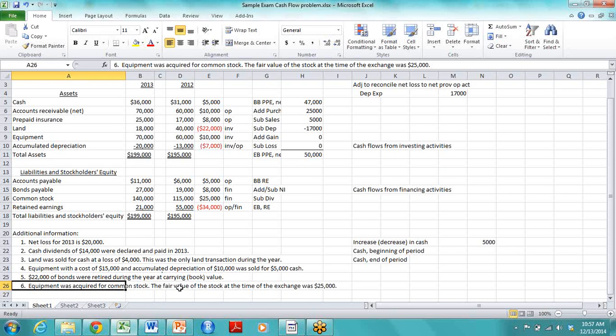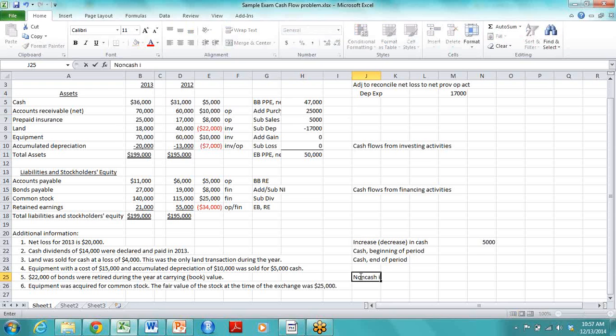And the value of that common stock at the time we exchanged it for equipment was $25,000. So our assets are going to go up by $25,000, and our common stock is also going to go up by $25,000. And this is actually going to be a non-cash item for investing and financing.